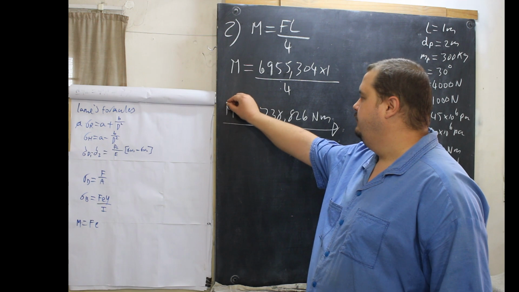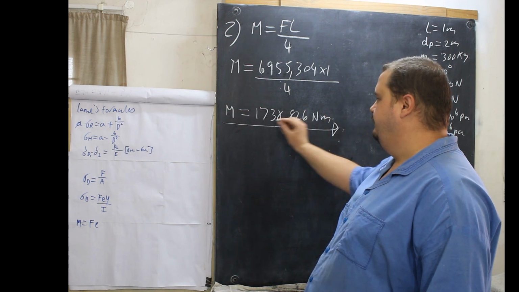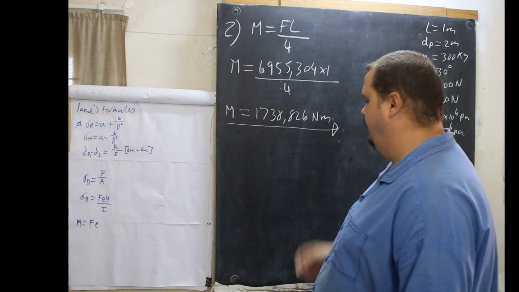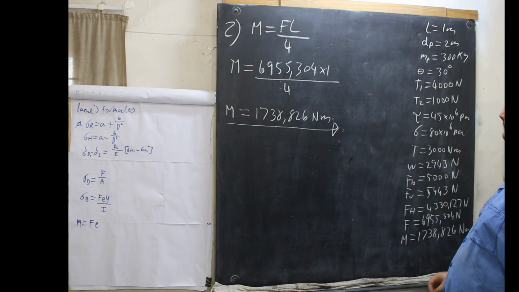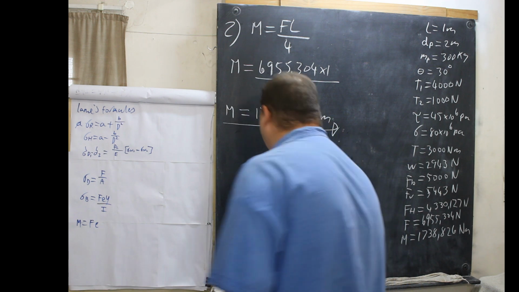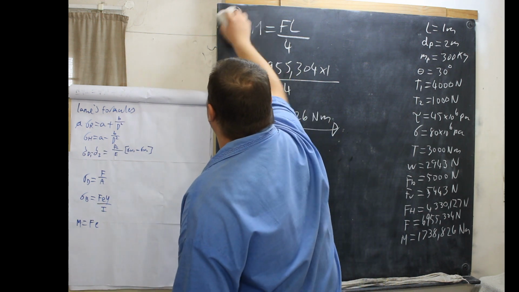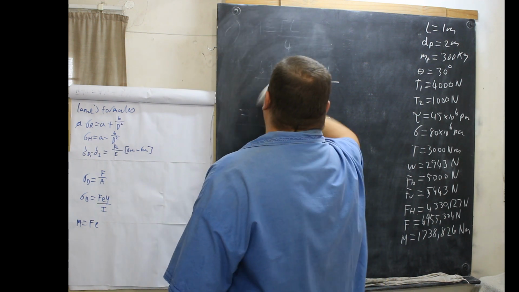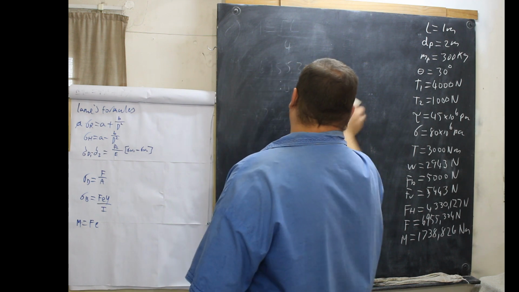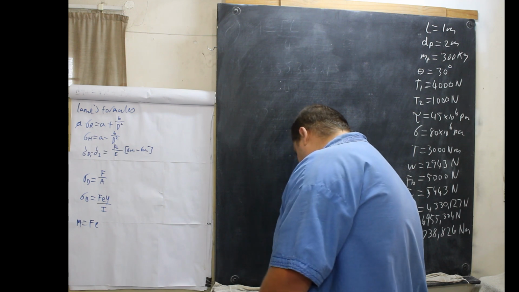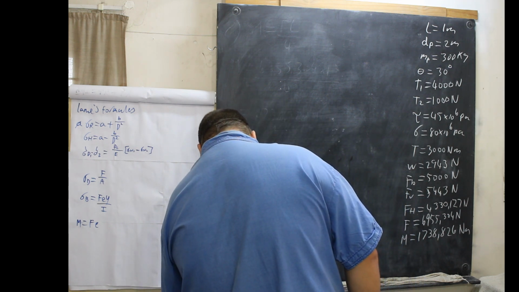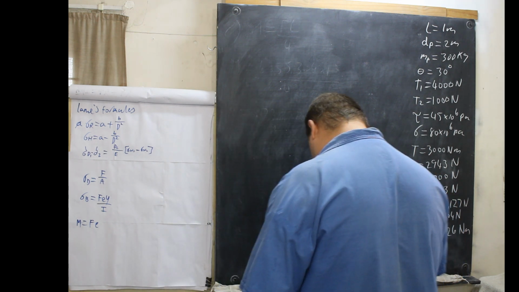Okay, so we have done question 2 now. Now on to question 3. We've got M here, because we'll need M for question 3. Question 3 wants the equivalent torque and equivalent bending moment.